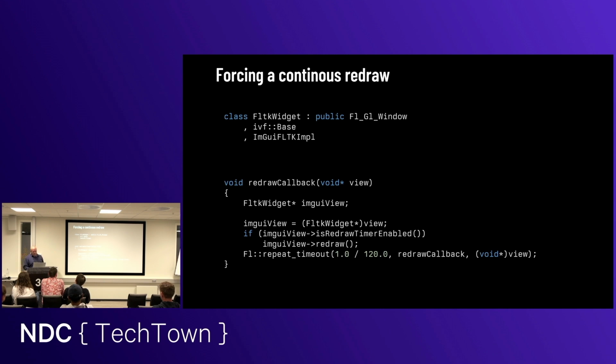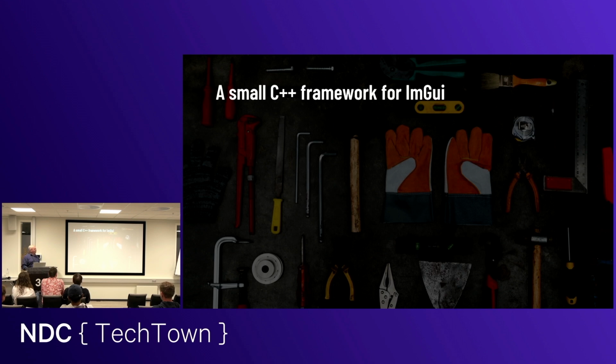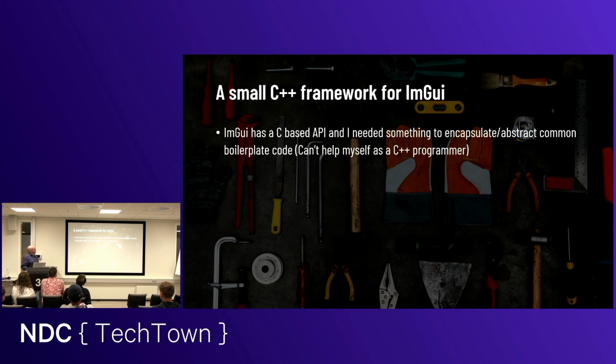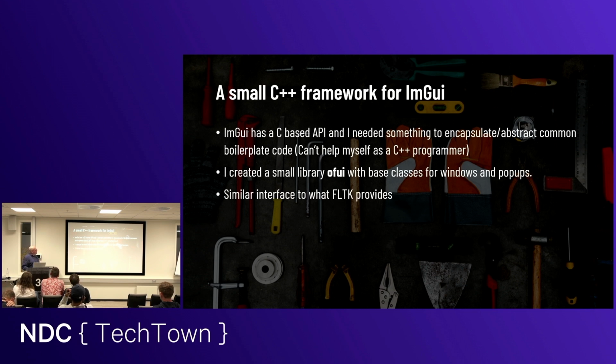So of course, I like to do object-oriented modeling, so I created a small framework for ImGUI, because you have to write a lot of code to do ImGUI. So I try to encapsulate and abstract some common boilerplate code. So I added this to my base classes, which handles windows and pop-ups. And I try to have a similar interface to what FLTK provides for this.